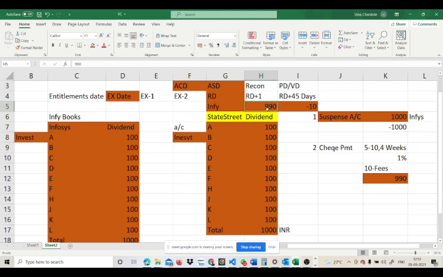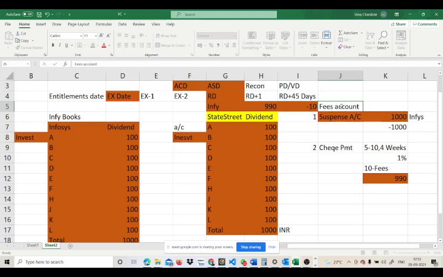Or else, another option is to reduce these balances proportionately and process the fund. And else, what you can also do is process the corporate action with the short balance, and after processing the corporate action you can post this short 10 rupees, you can just reverse it to the fees account.